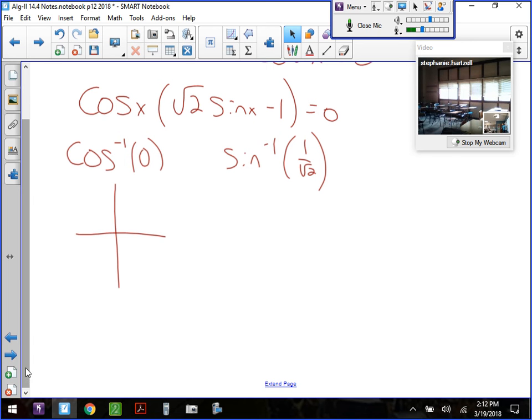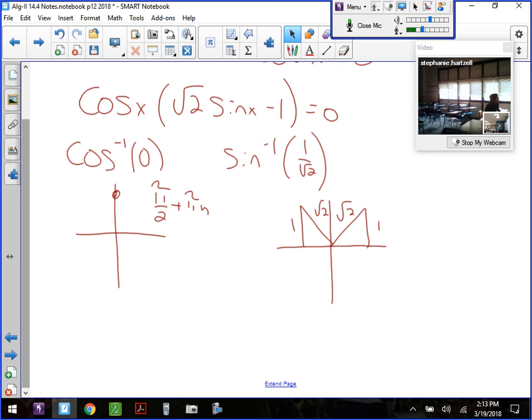So cosine being 0, that means your x coordinate is 0. Where is x equal to 0? 90, 3 pi over 2. So this answer would be pi over 2 plus pi n. And then sine, this has to be a 45.